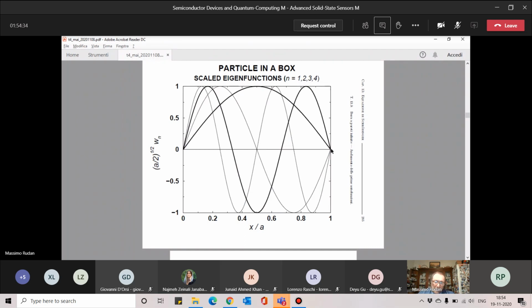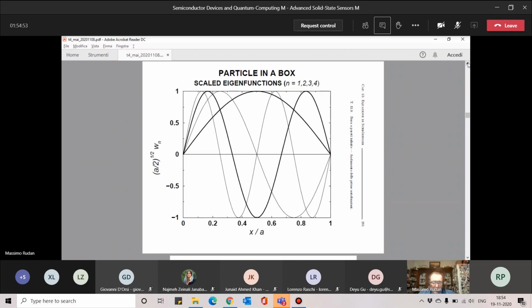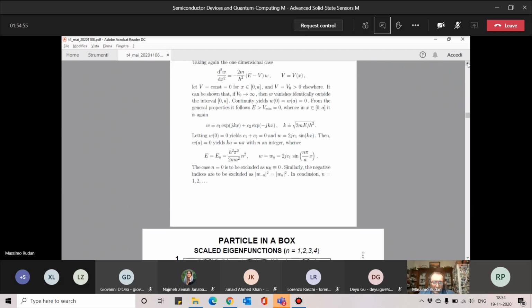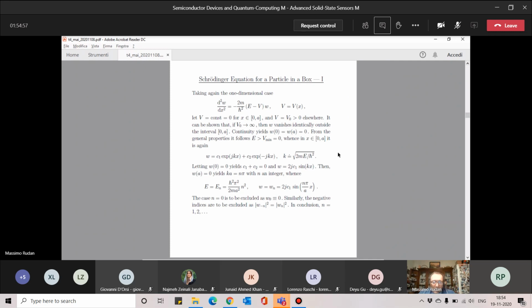Then the probability depends on the eigenstate, so it depends on the value of the energy. So you fix the index, then you determine the energy, and then you calculate with the same index the eigenfunction, and then you take the square modulus of the eigenfunction for the probability density, okay?